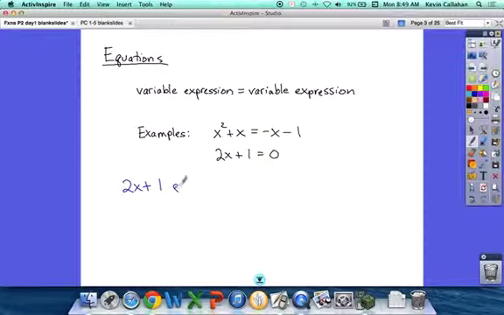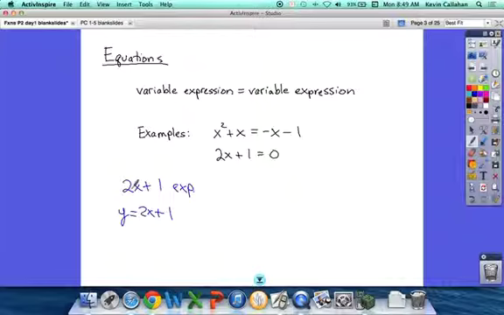If it's y equals 2x plus 1, that's a function because it's actually y equals an expression. Two variables means you can't solve for either one of them. All you can really do is plug in values of x, calculate the y, plot all the points, you get a graph, right? So expressions we evaluate, functions we graph, equations we solve.